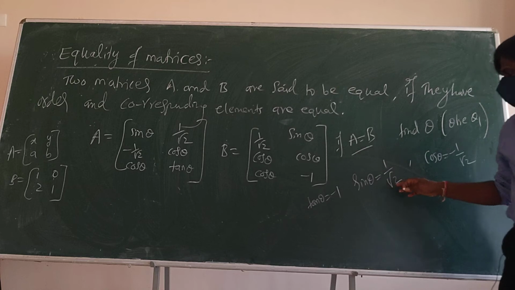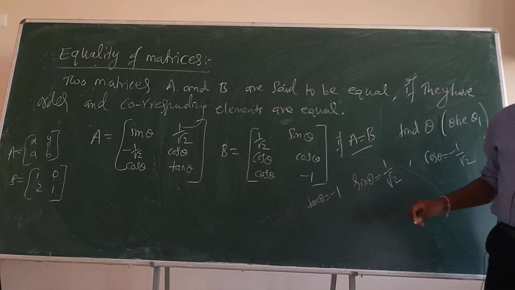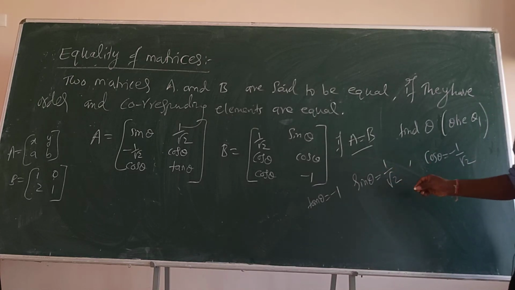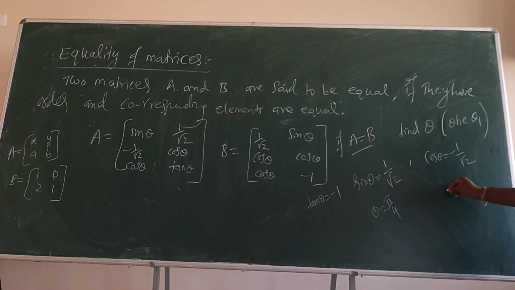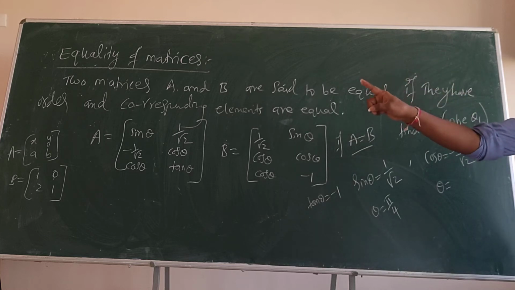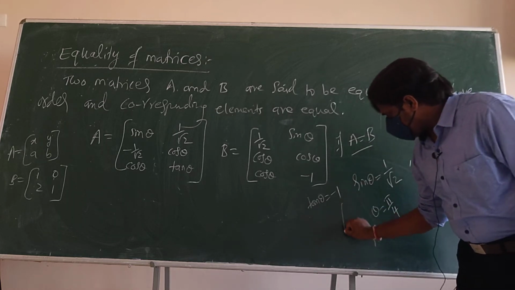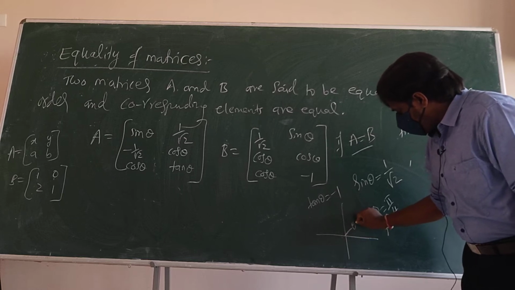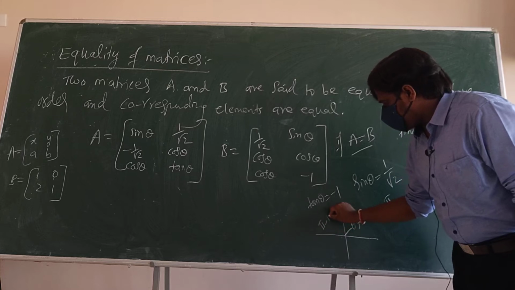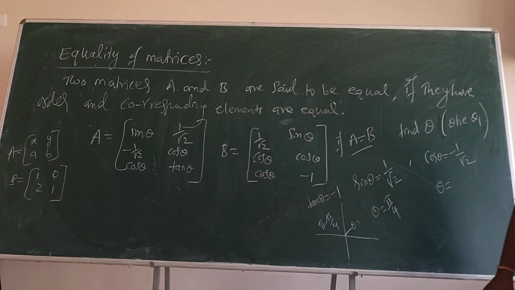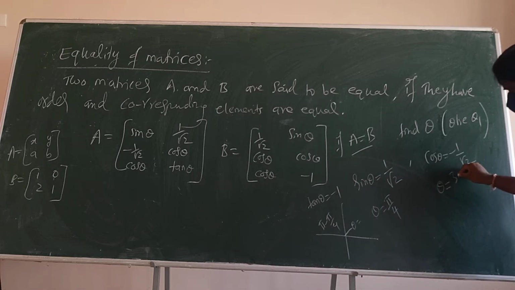Likewise, here also both are equal. If sin theta is 1 by root 2, you get pi by 4. So theta is pi by 4 here. Here, cos theta is minus 1 by root 2, so you get the second quadrant. The theta in the first quadrant is pi by 4, so the second quadrant will be pi minus pi by 4, that is 3 pi by 4.